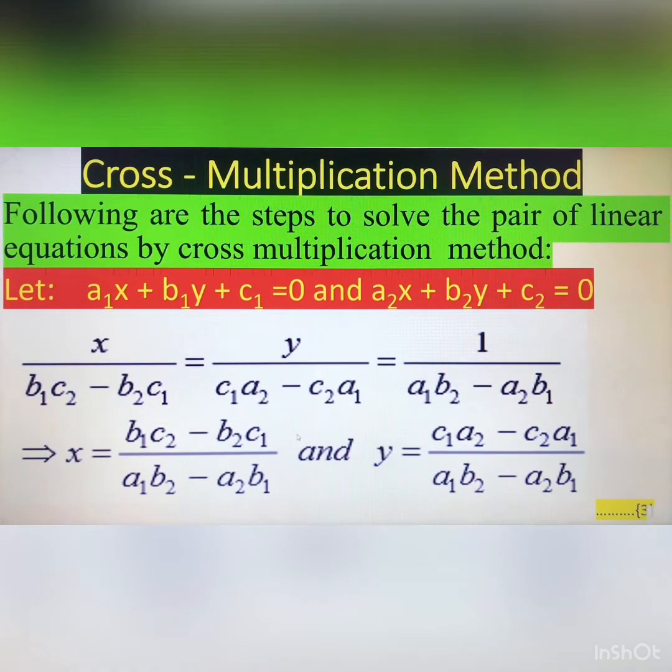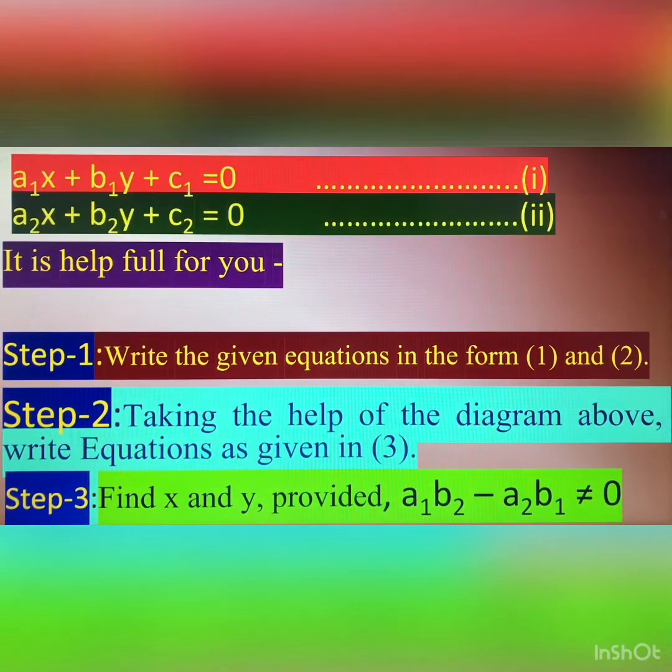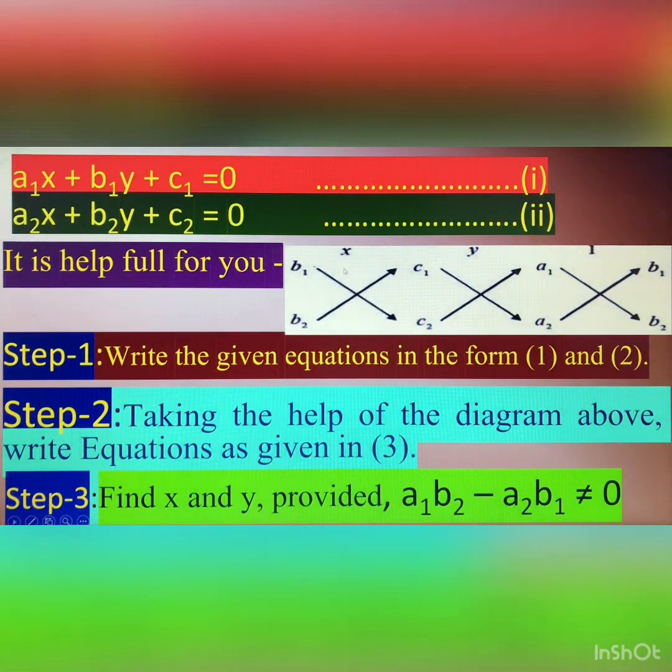We will simply take this system, and you will write all the coefficients just like that. First of all b1 and b2, after that the constant terms c1 c2, and the coefficients of x, that is a1 a2, and after that once again you repeat the coefficients of y, first and last. So by multiplication b1 c2 and then put a negative sign b2 c1, and x is just here.